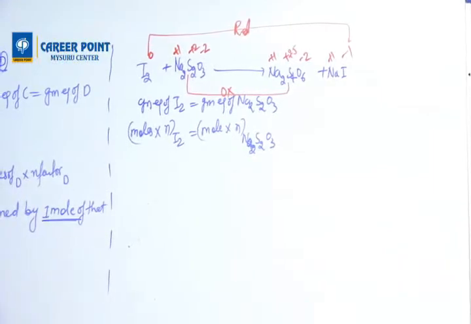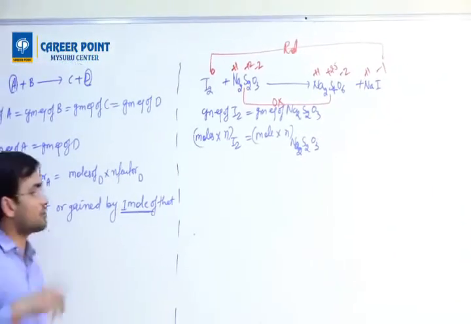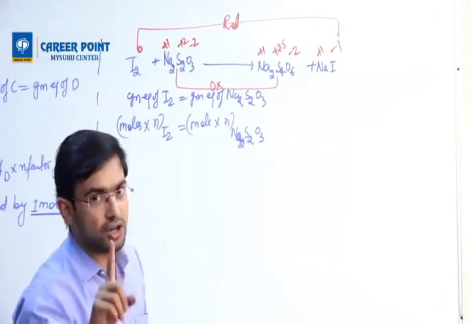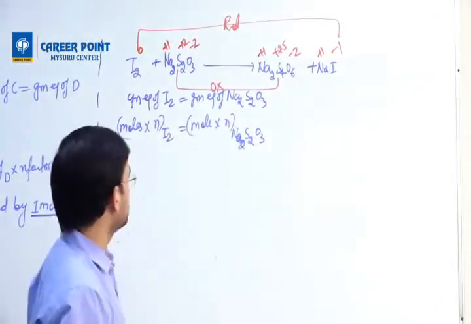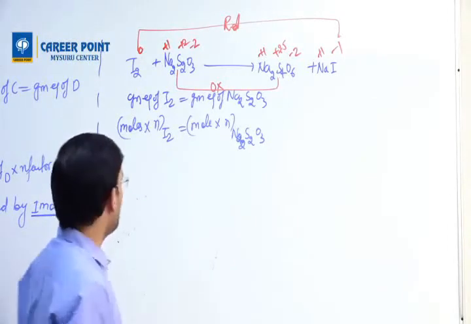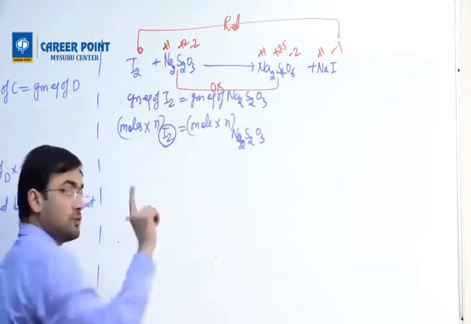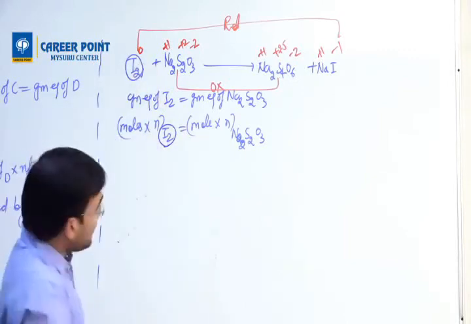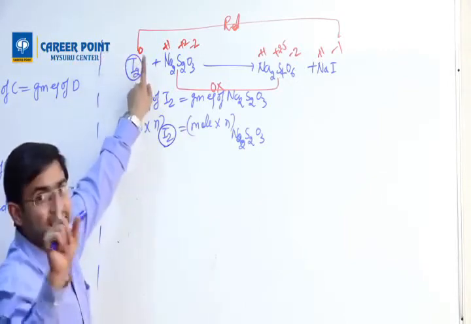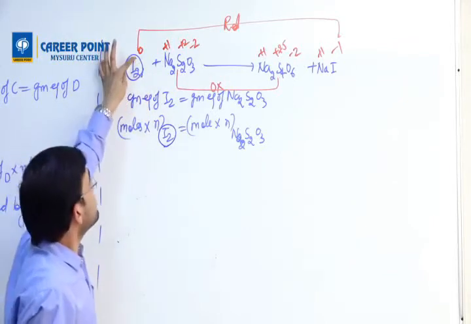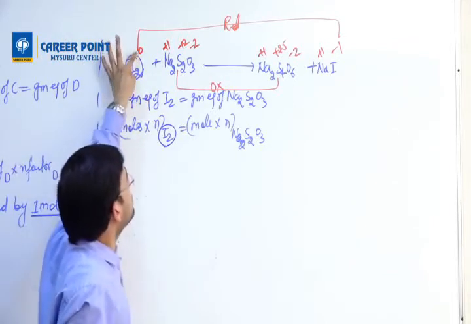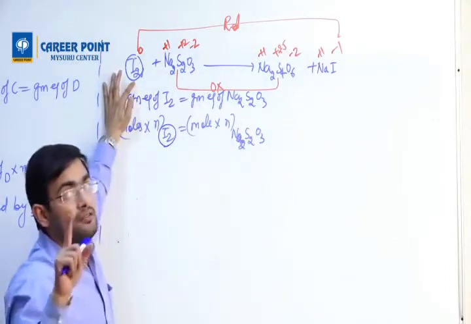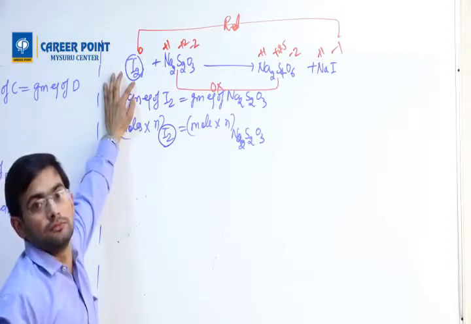Now, once you have oxidation and reduction, I need to find how many electrons are lost or gained by 1 mole. If I want to find for I2, I2 is 1 mole. In this I2, listen very carefully, a single iodine is changing from 0 to minus 1. But how many iodine atoms are in 1 mole of I2? 2.